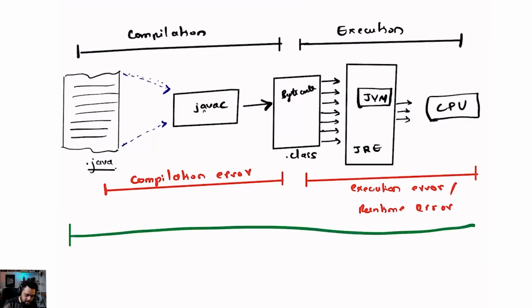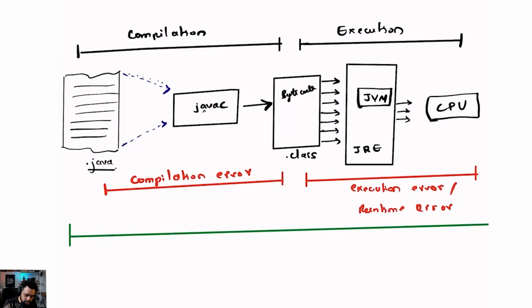Now this whole thing that is happening in front of you is inside something known as JDK. Everything, the javac, the .class, JVM, JRE, all the components are inside something called JDK. What does JDK stand for? JDK stands for Java Development Kit.